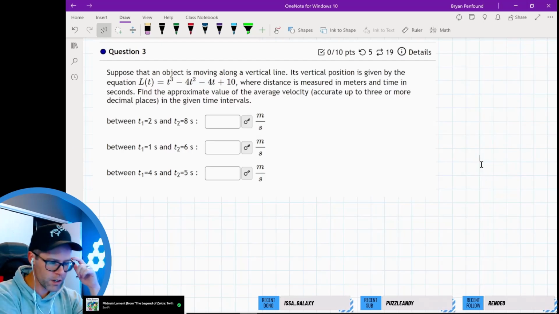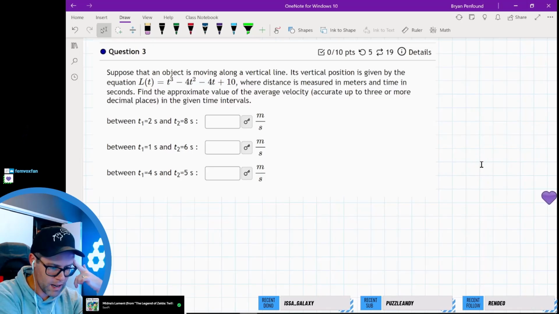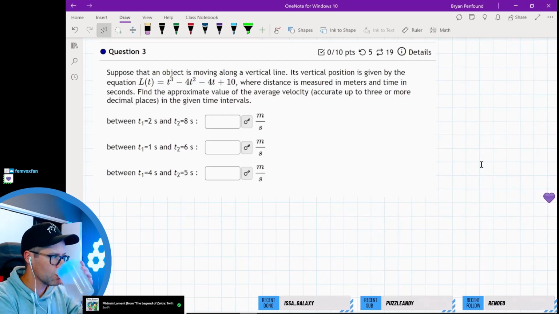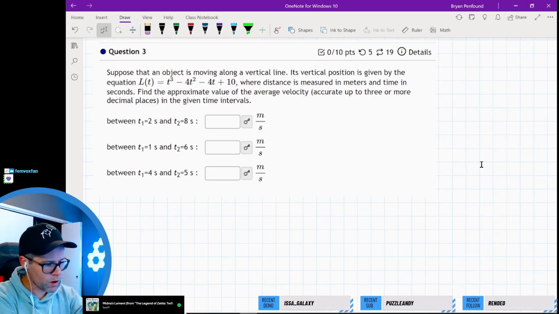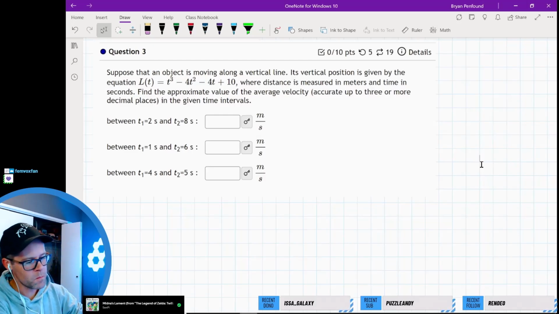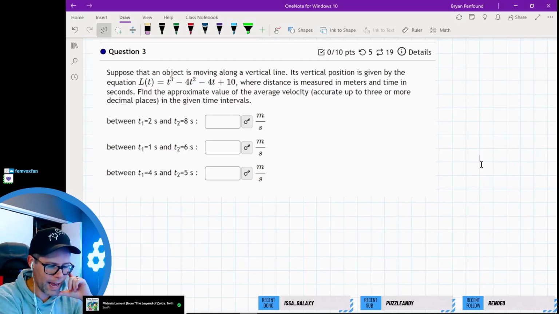Its vertical position is given by capital L, where distance is measured in meters and time in seconds. So meters, we're working in meters per second here. Find the approximate value of the average velocity in the given time intervals. So between 2 seconds and 8 seconds.